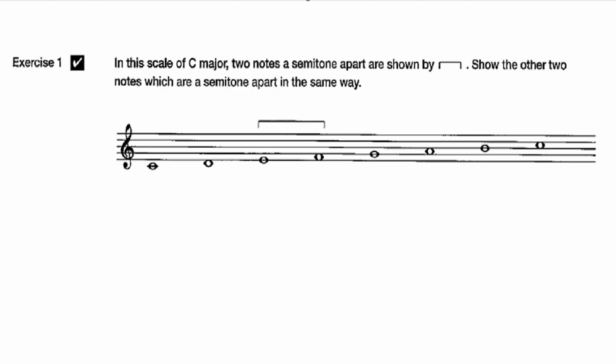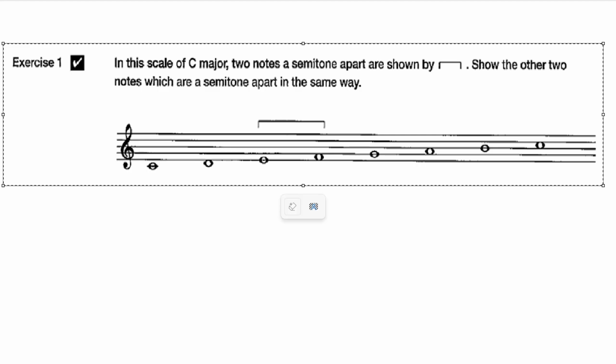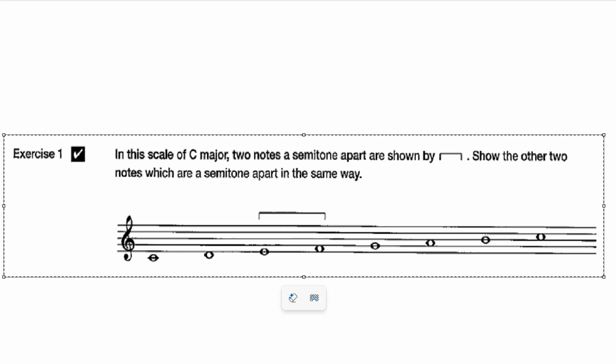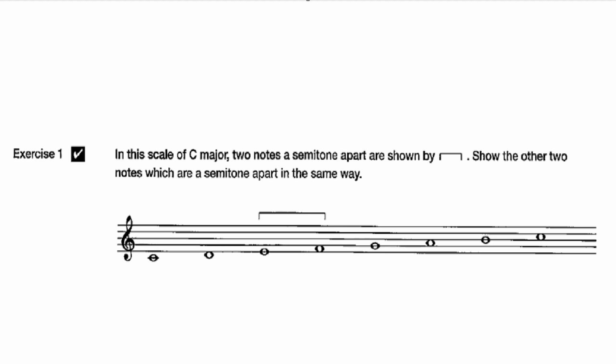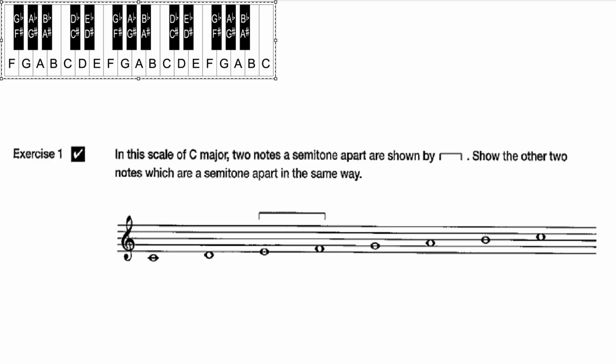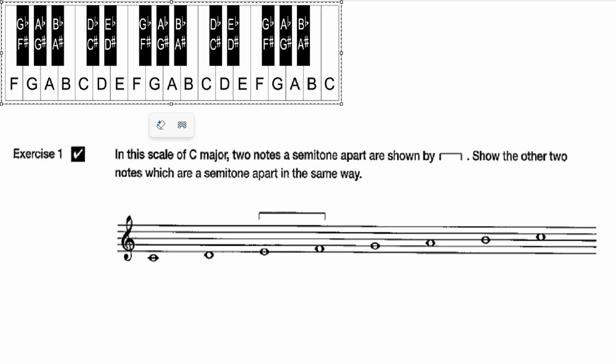Now I will return to the screen the piano keyboard from the last video because I think it will come in handy. Here it is. Hopefully that's nice and big enough to be clear.